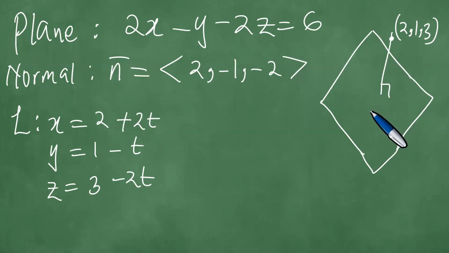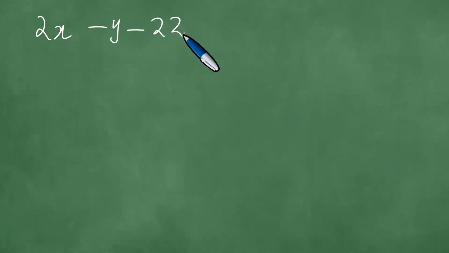This line intersects the plane at a point, and that is the point that we want. So we say we have 2x minus y minus 2z equals 6.